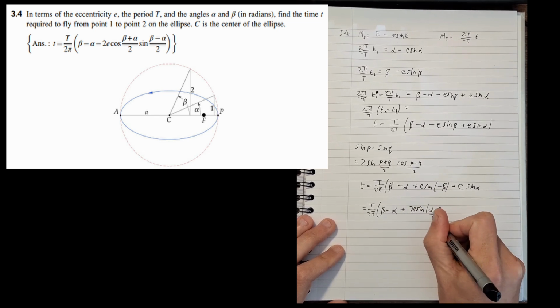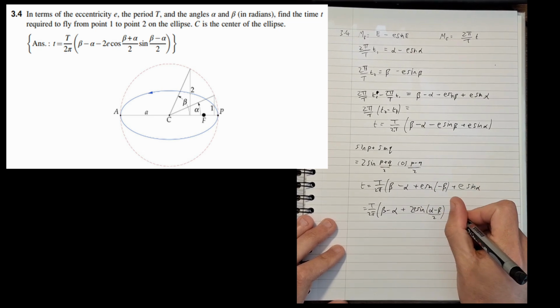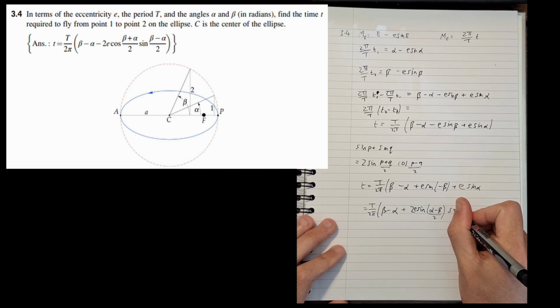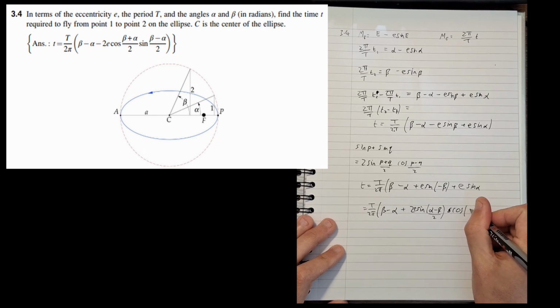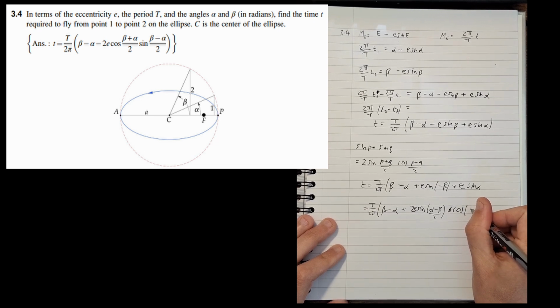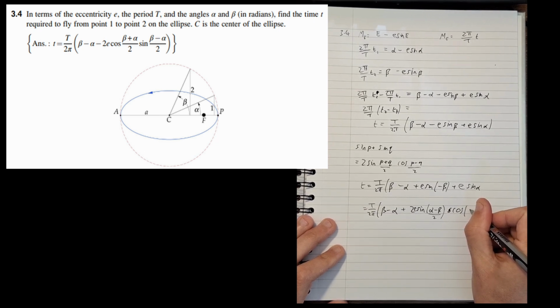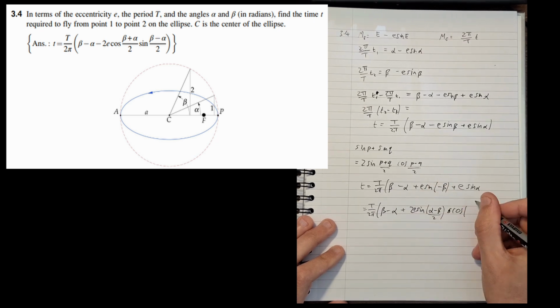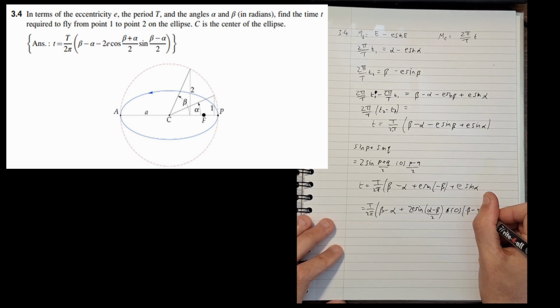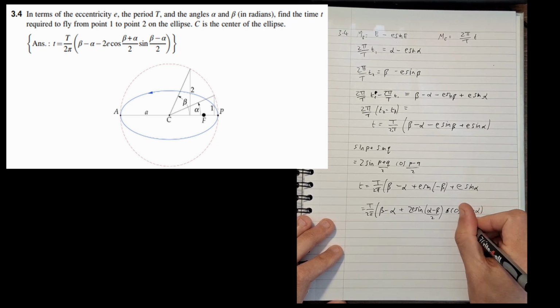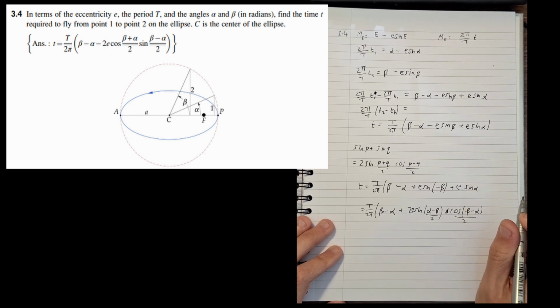So 2E over 2, cos of minus beta minus alpha over 2.